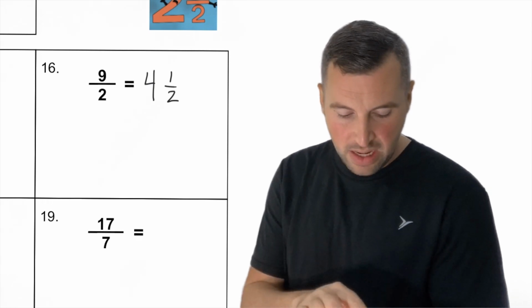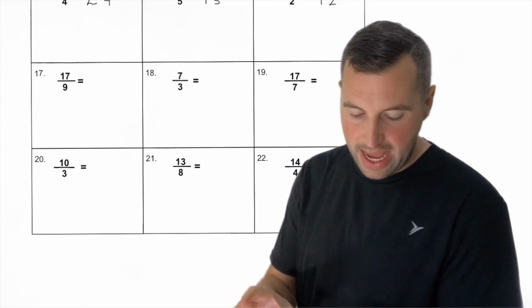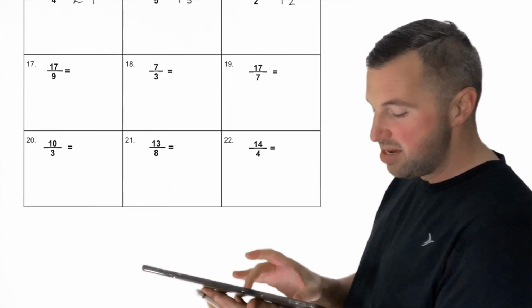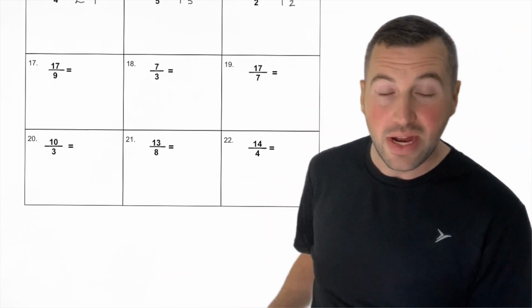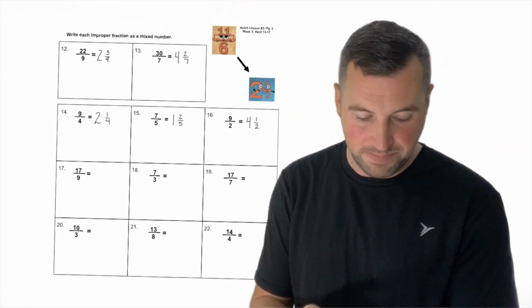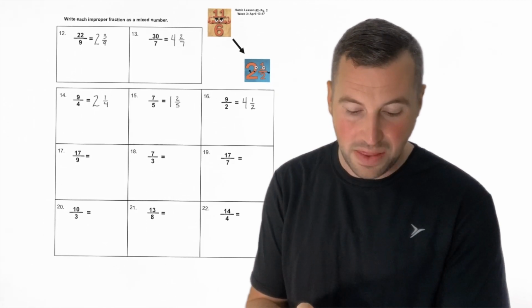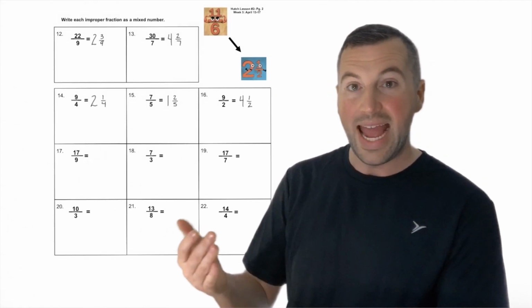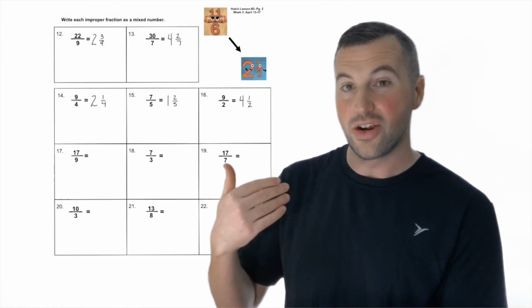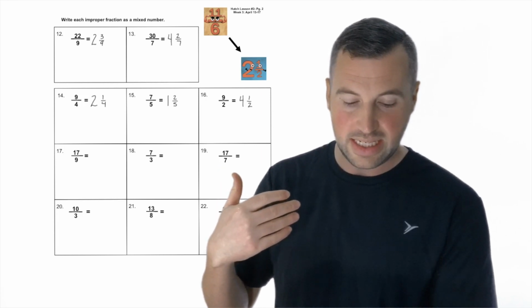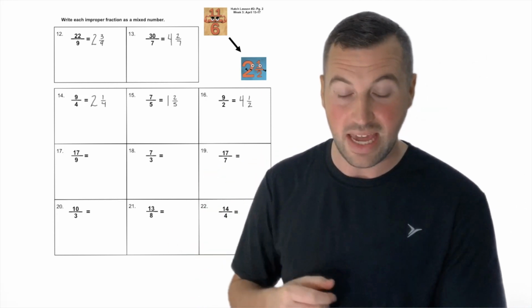All right. Now I want you to go ahead and try these ones independently, 17 through 22, and then you're going to back this one out and the other one, and you're going to send these to me.